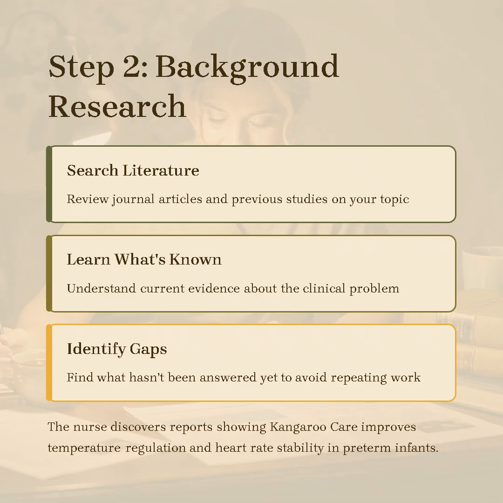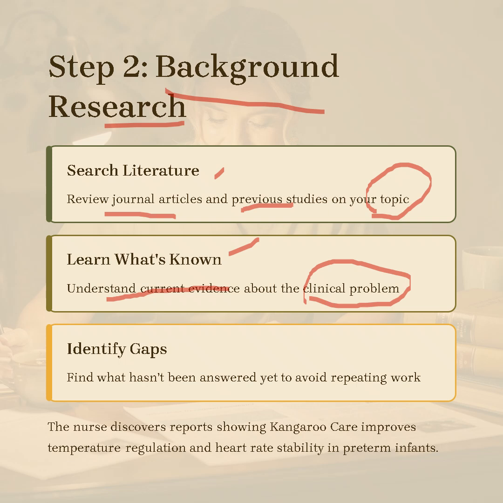We have as the second step background research. So now the NICU nurse is searching for the literature. She's seeing the journal articles and the previous studies on the topic of kangaroo care. And she understands what the current evidence is about the clinical problem, that is about the comfort of the baby.